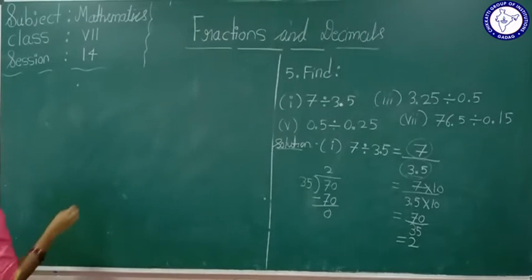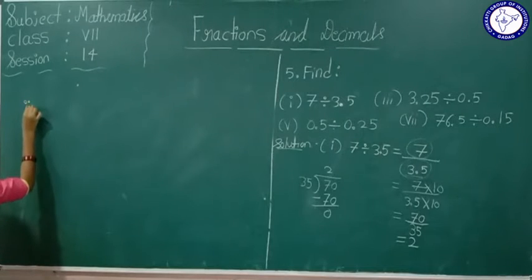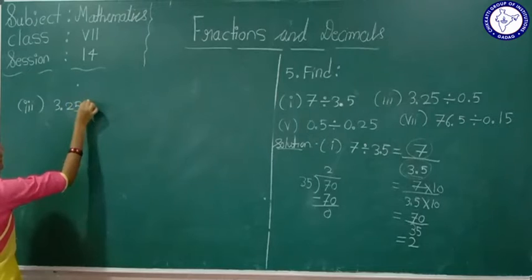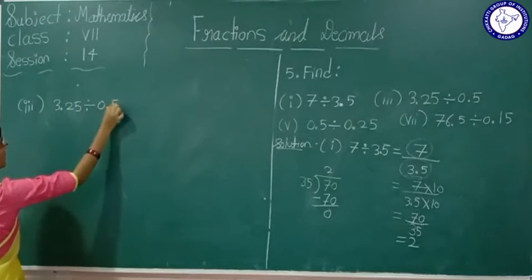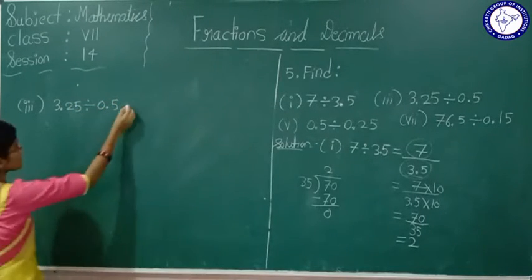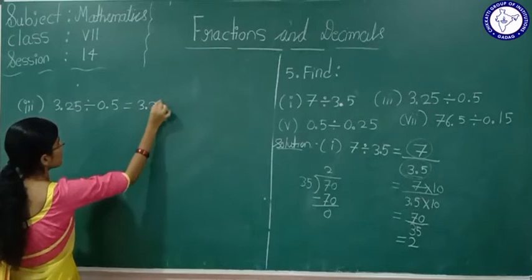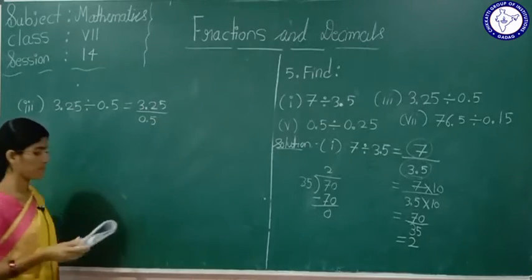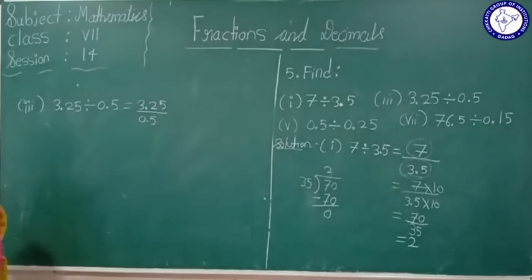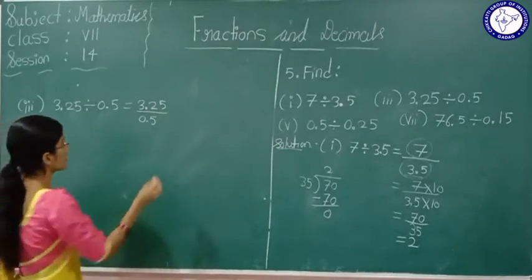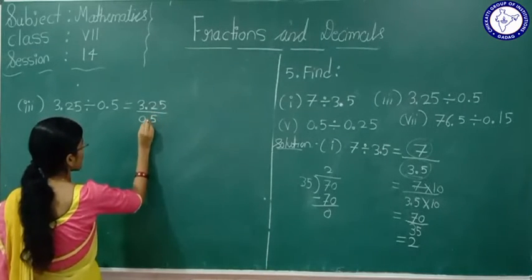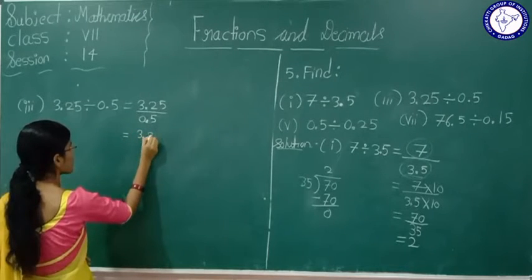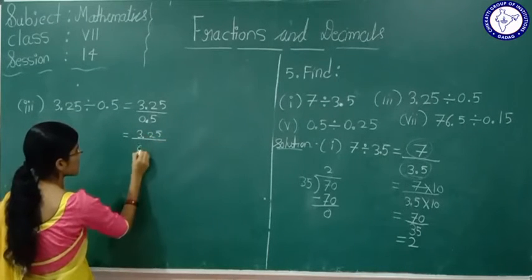Now see here, third one: 3.25 divided by 0.5. Our divisor is a decimal number. What will we do?